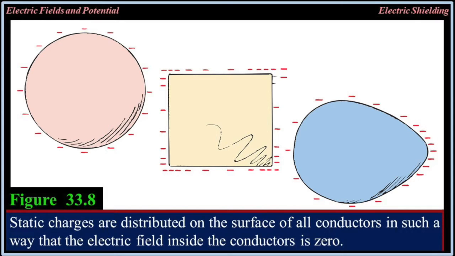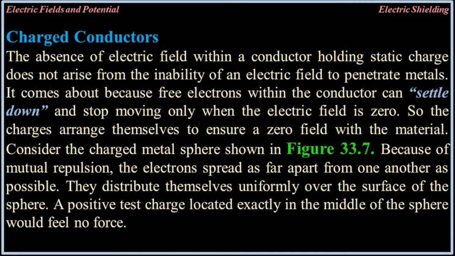It comes about because free electrons within the conductor can settle down and stop moving only when the electric field is zero. So the charges arrange themselves to ensure a zero field within the material. Consider the charged metal sphere in figure 33.7.